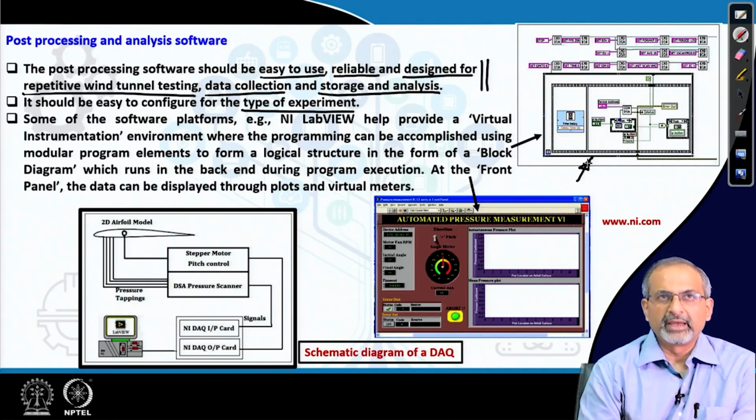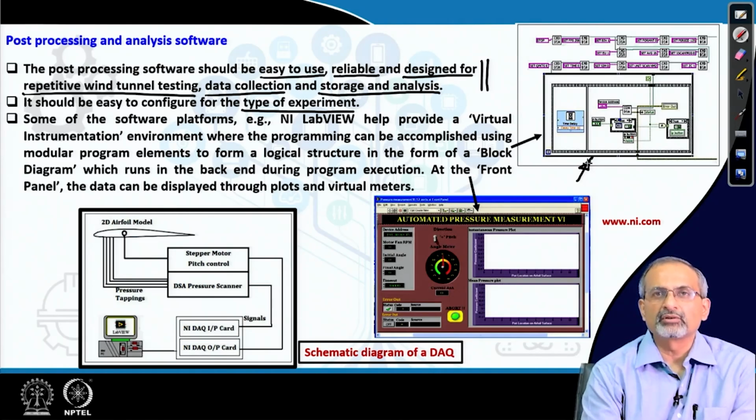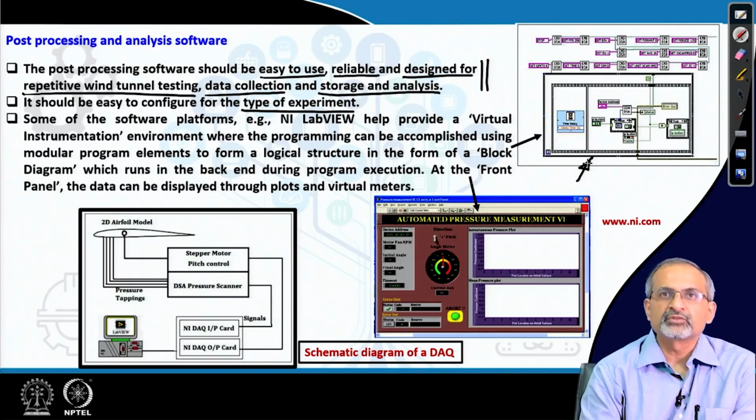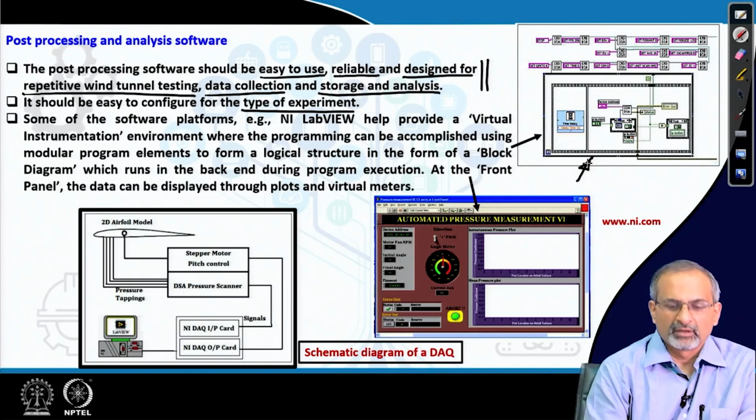So, the main issue is that the software should be easy to use, it should be modular in nature, it should be very friendly to the user with a nice graphic user interface. So, these are the trends which are available in the modern softwares.